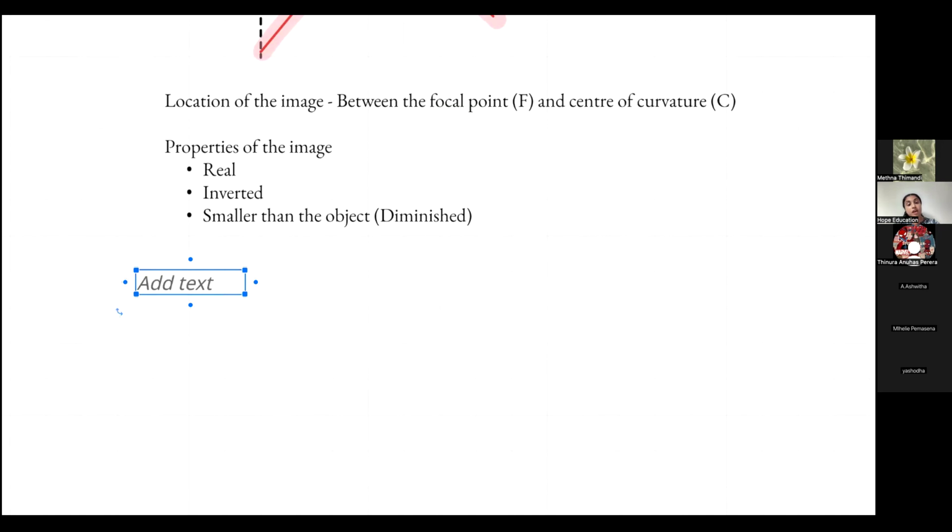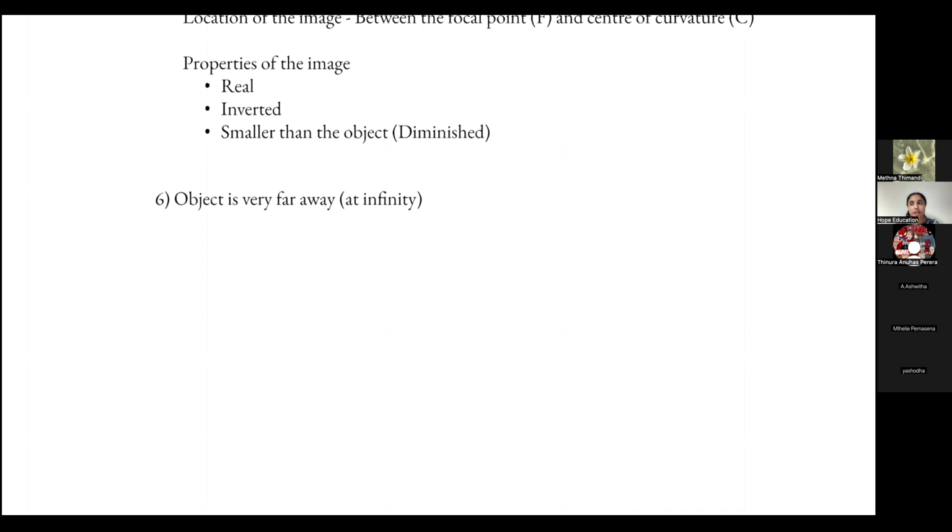This is when the object is very far away. We assume that it's at infinity. Now when the object is at infinity, there is no way that you can draw the object, right? Because how can you draw infinity?